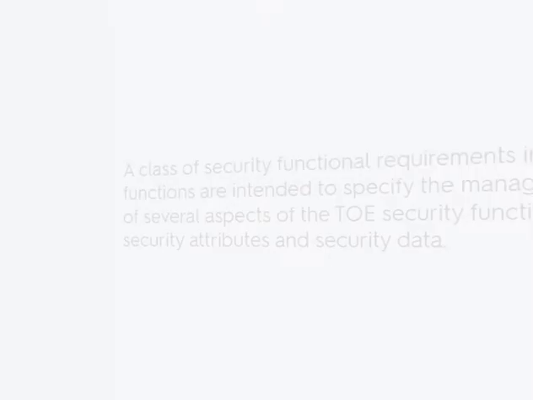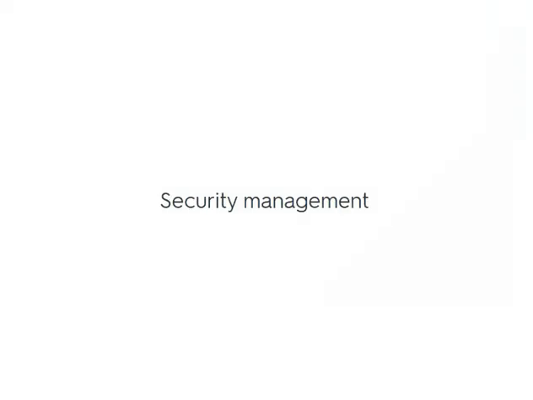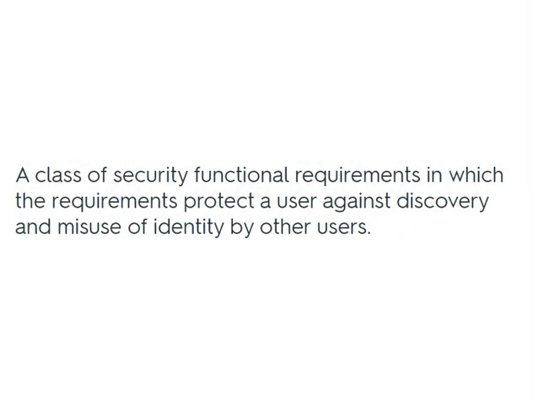A class of security functional requirements in which the functions ensure that users are associated with the proper security attributes. Identification and authentication. A class of security functional requirements in which functions are intended to specify the management of several aspects of the TOE security functions, security attributes, and security data. Security management. A class of security functional requirements in which the requirements protect a user against discovery and misuse of identity by other users.